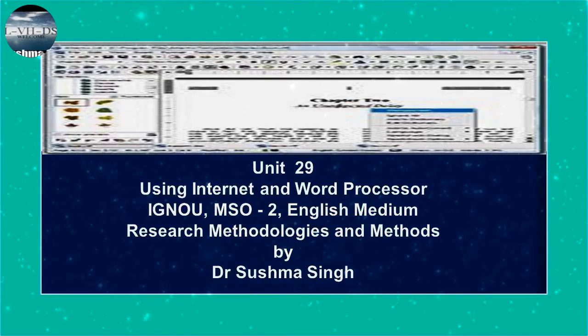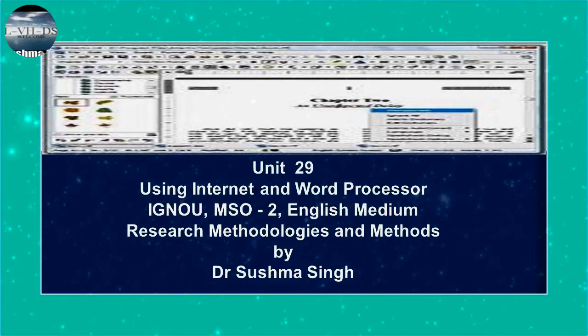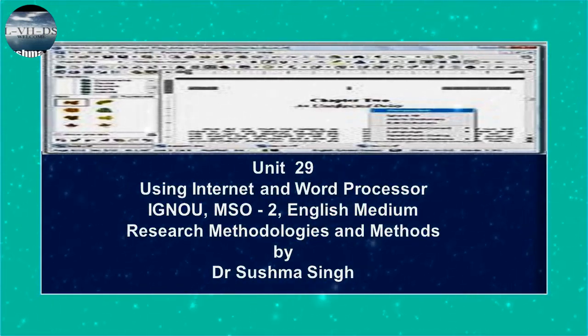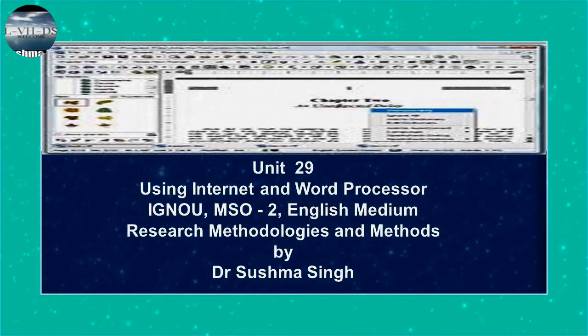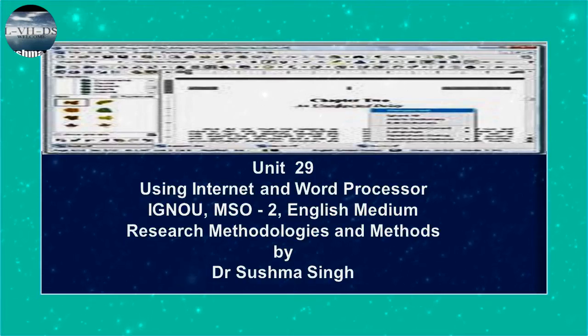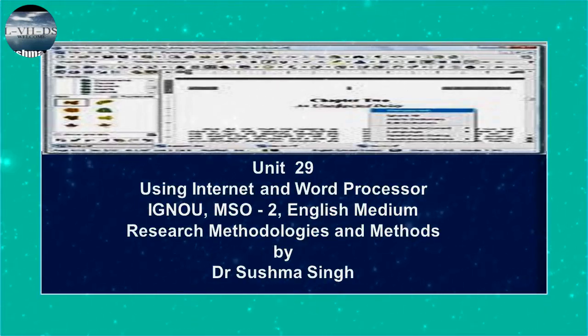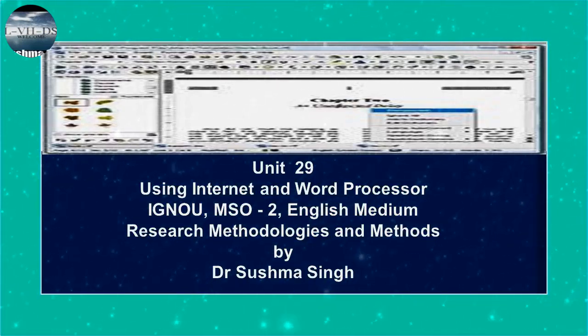When you log on to the internet using Netscape or Microsoft's Internet Explorer or some other browser, you are viewing documents on the World Wide Web.